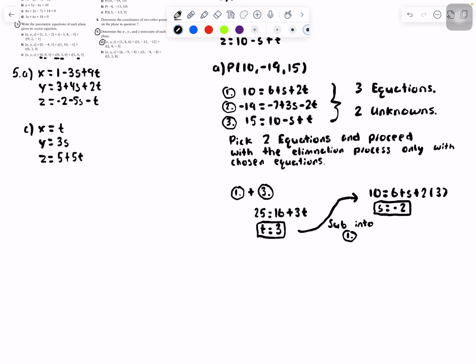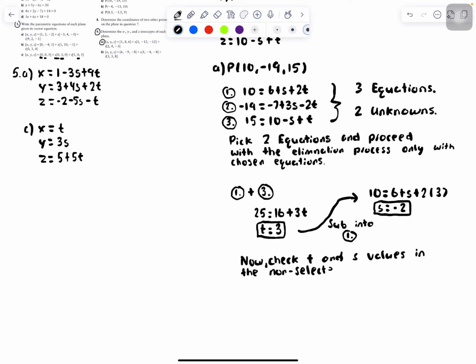Perfect. Now check the t and s values in the non-selected equation.